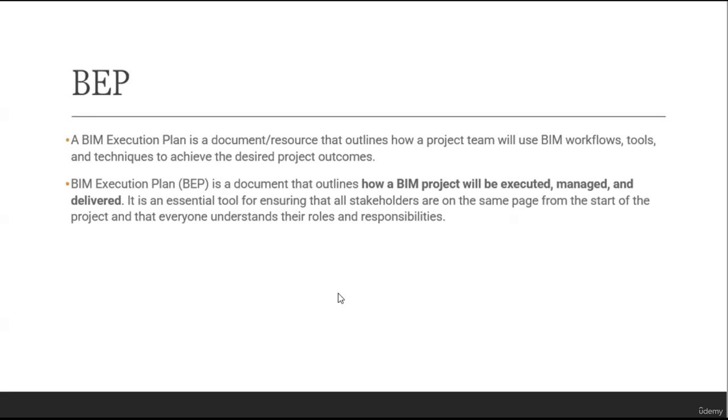Once that is done, determine the deliverables that need to be produced, that the client actually requires. Then, to obtain these deliverables, what software or technology is to be used has to be worked out. And after all that is done, a specific timeline for the project and certain milestones are set up. So these all are included in the BIM execution plan.